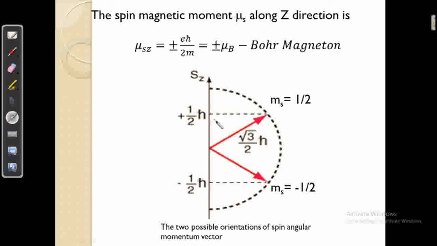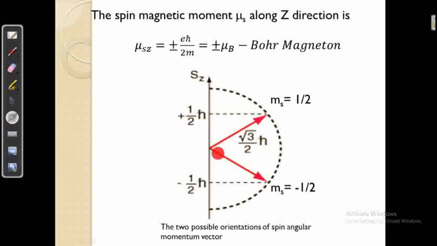So you have this Sz here, the component in the magnetic field direction, that is plus half h cross. So you can join this point, this plus half h cross, and this magnitude to some point. So this is the one orientation here. Again minus half h cross, and this same magnitude, that is root 3 by 2 h cross.